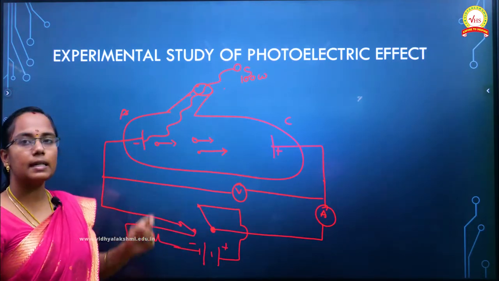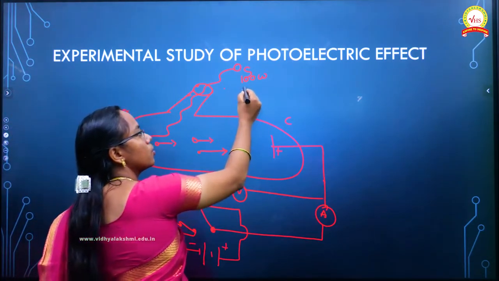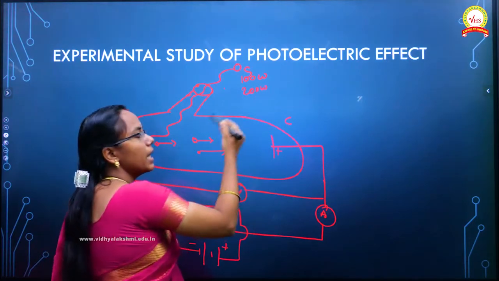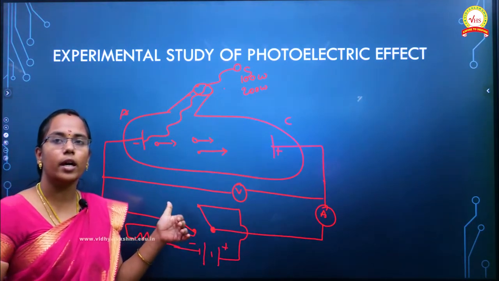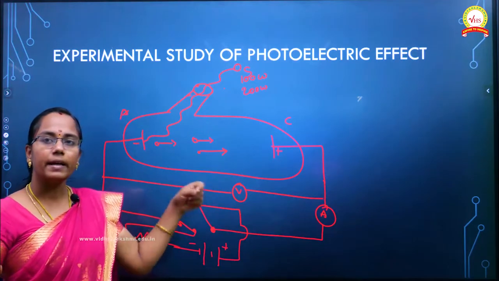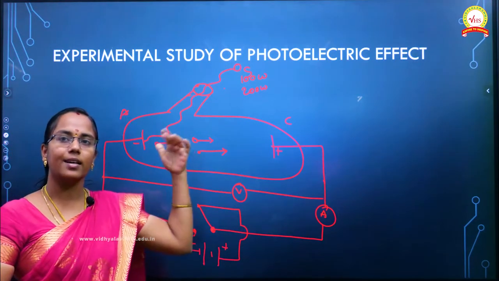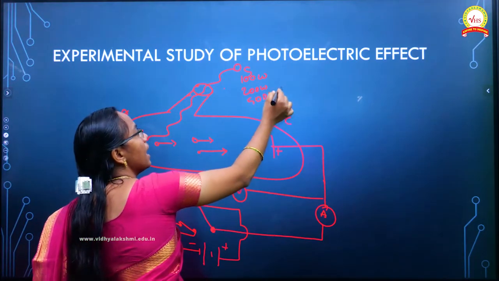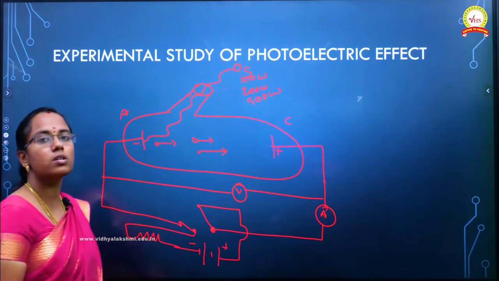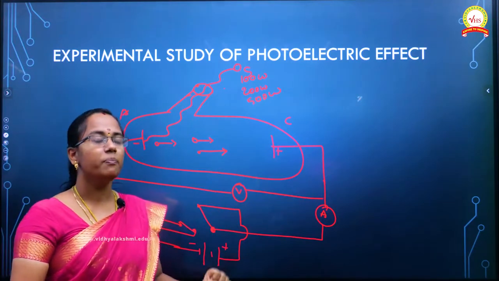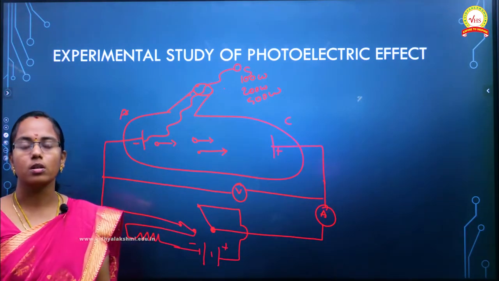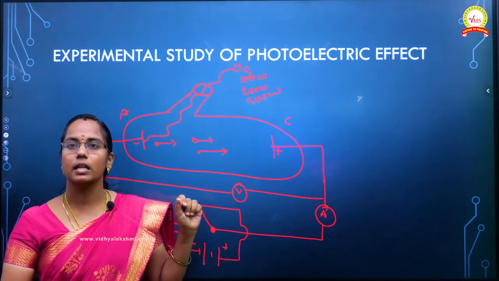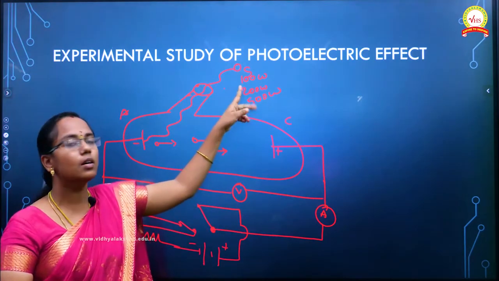When I increase to a 200 watt bulb, its intensity is increased. You can increase the intensity of any light by increasing its watt. If I connect a 500 watt bulb, I have increased the intensity of the source, then I am checking the emission of photoelectrons. So whenever we say we are changing the intensity, I am changing the watt here.